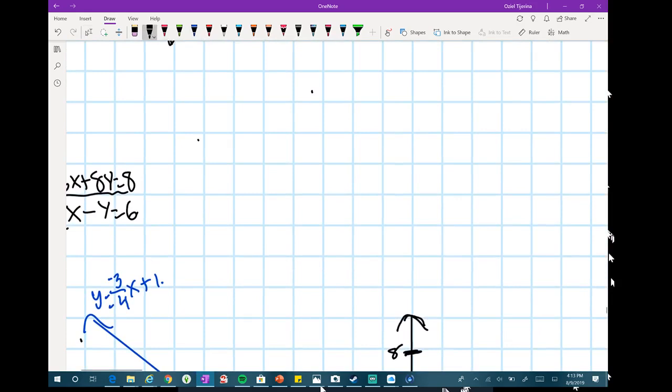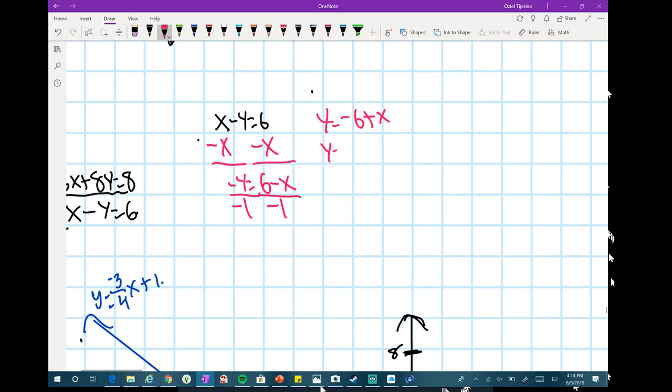To solve for it, you subtract x on each side, and you have negative y equals 6 minus x, and then you can get rid of the negative by dividing by negative 1 on each side, and you have y equals negative 6 plus x, which is basically y equals x minus 6.